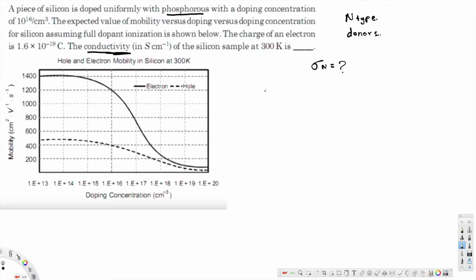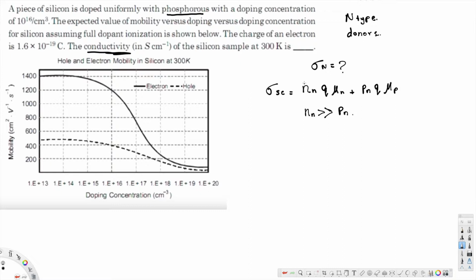But conductivity for a semiconductor is generally given by this equation: Nn q mu n plus Pn q mu p. Here we know this is an N-type semiconductor, which means the majority carriers are going to be electrons and the minority carriers are going to be holes. So Nn is going to be relatively larger than Pn.